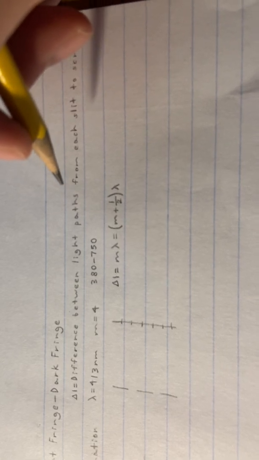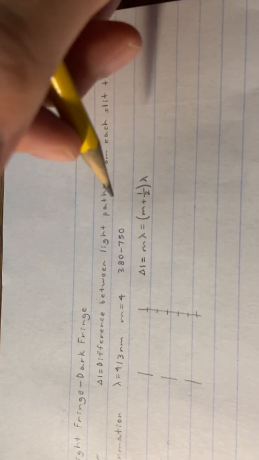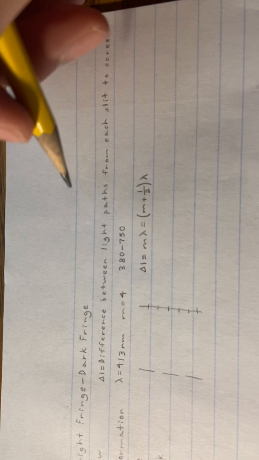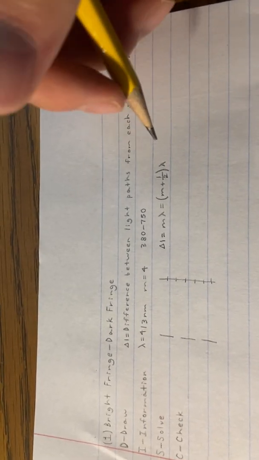And we can extend this, for the purposes of this problem, to also equal this, because what this represents here, m plus 1/2, is essentially that for this problem we'll be starting with m equals 0, and we're basically going to be reiterating that, each time adding 1 to the m until we get a wavelength that is within our range. Now, if that sounded a bit convoluted, you'll see what I mean in a second.